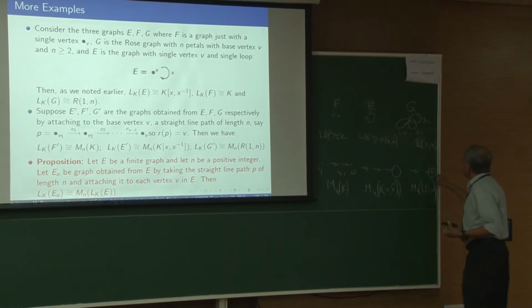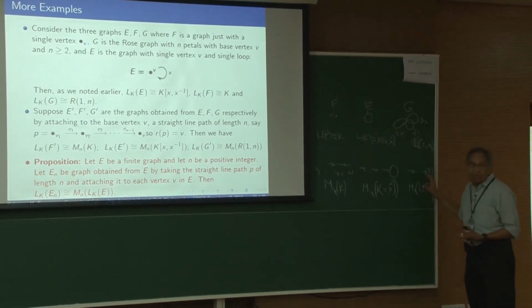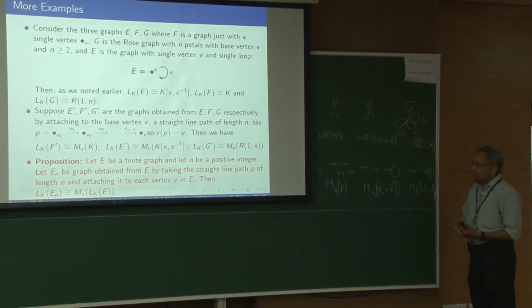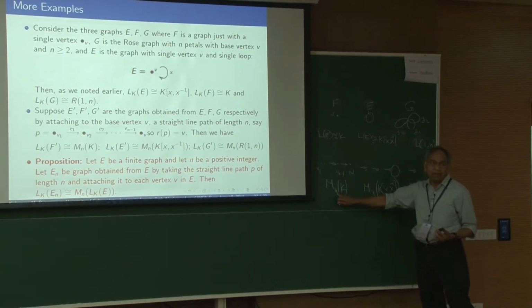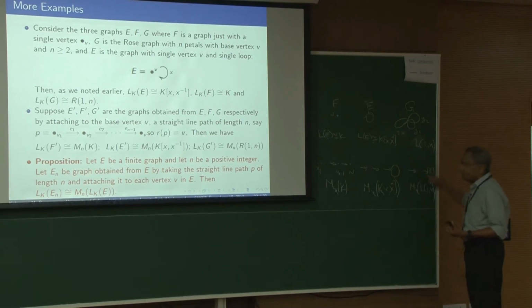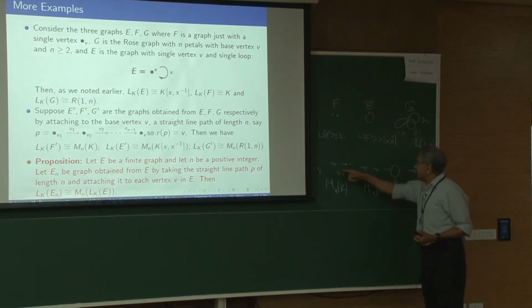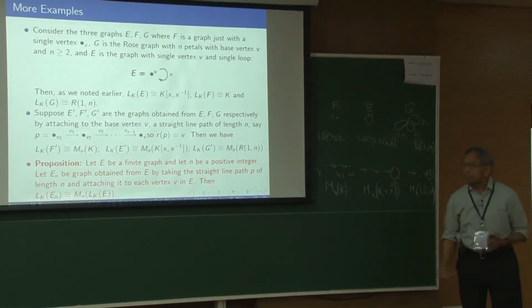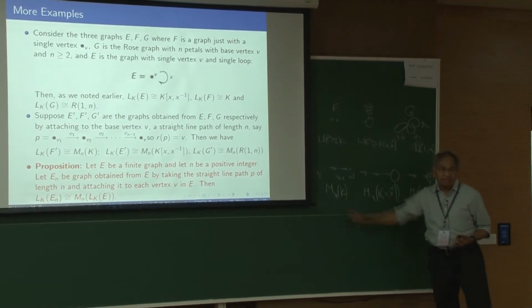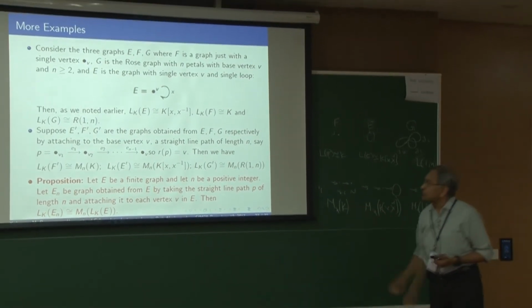No, this has nothing to do with that. I could have put some other number here, so it's no relation to this. The main point is that the length of the attached straight line segment determines the order of the matrix. So that's what the more general result says.